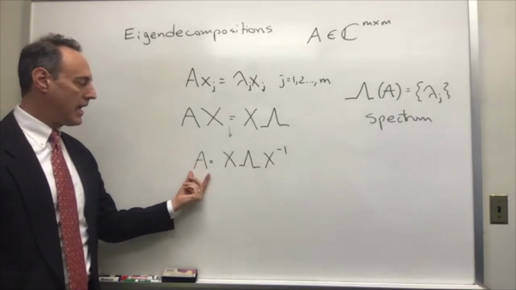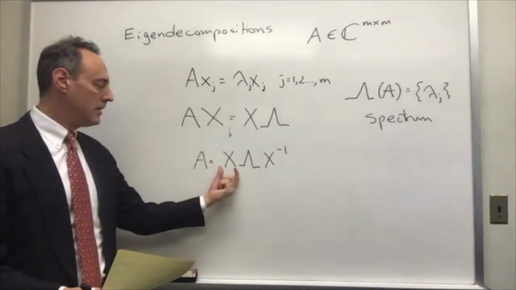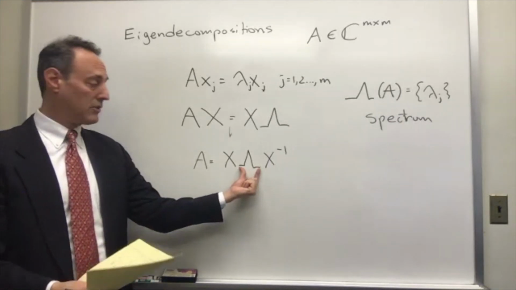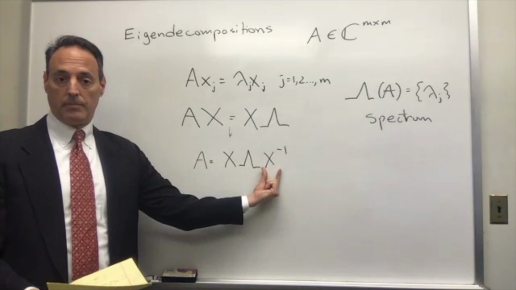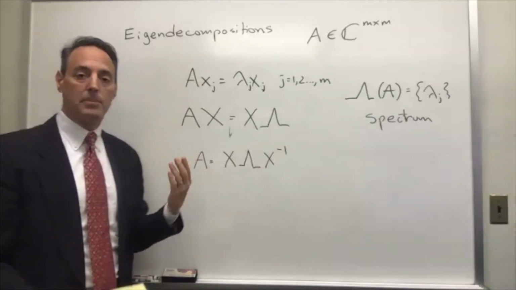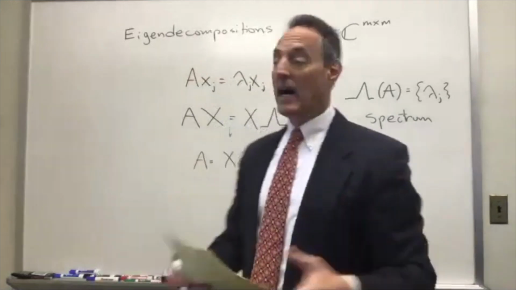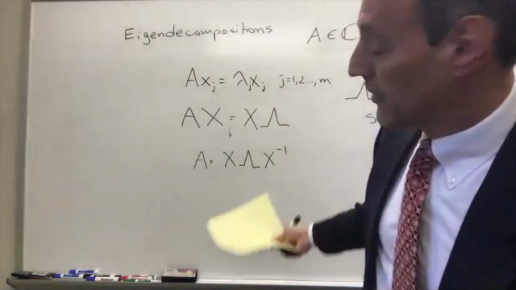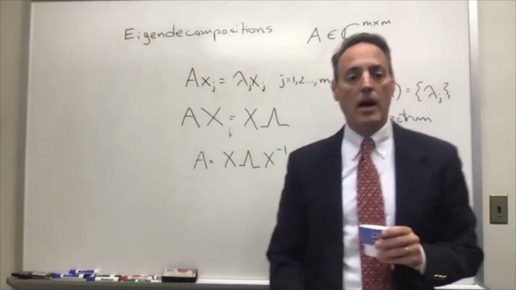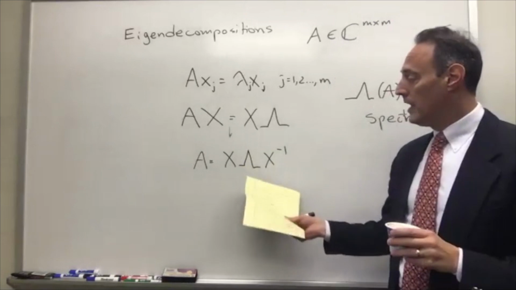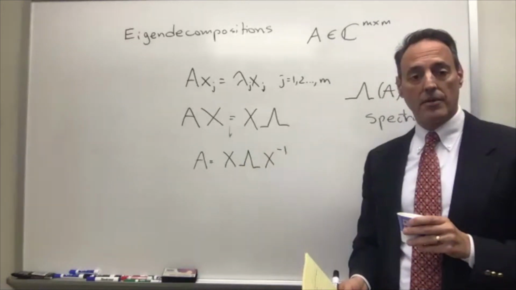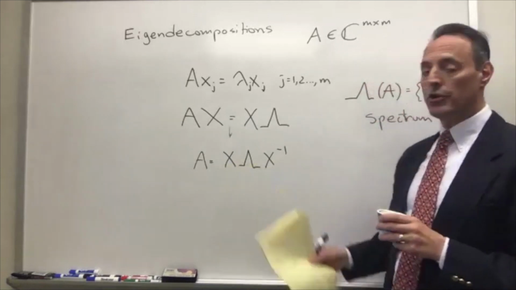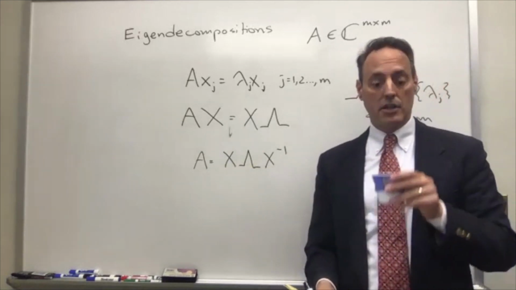So the matrix A, I can rewrite as x times this lambda matrix, which is essentially the spectrum, x inverse. So that's the decomposition of A in this eigen decomposition coordinate system in terms of its eigenvectors and eigenvalues. Okay, so this is an important result out of this. By the way, this is not guaranteed to happen for any matrix A. The matrix A itself has to have certain properties in order for you to be guaranteed an eigen decomposition.